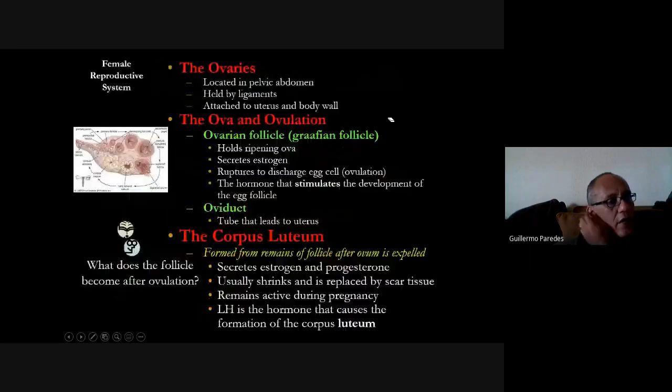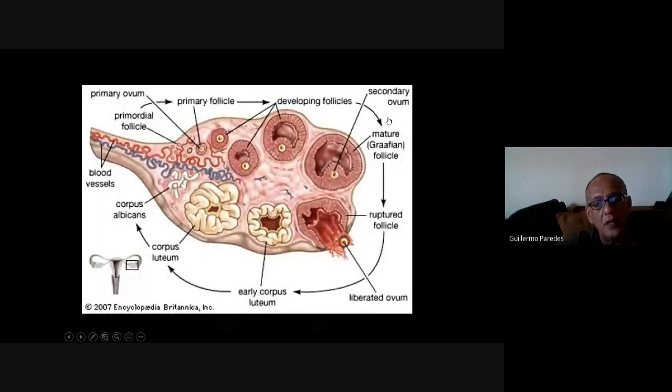Before going again to the menstrual cycle, if you see here, look at that. Here we have many babies, ovules, they are going to develop. They are going to show you only one, but they are going to develop between 10 to 12. They're going to grow. And then what happened? They're going to release one ovule. The rest of the ovules that develop will disappear.